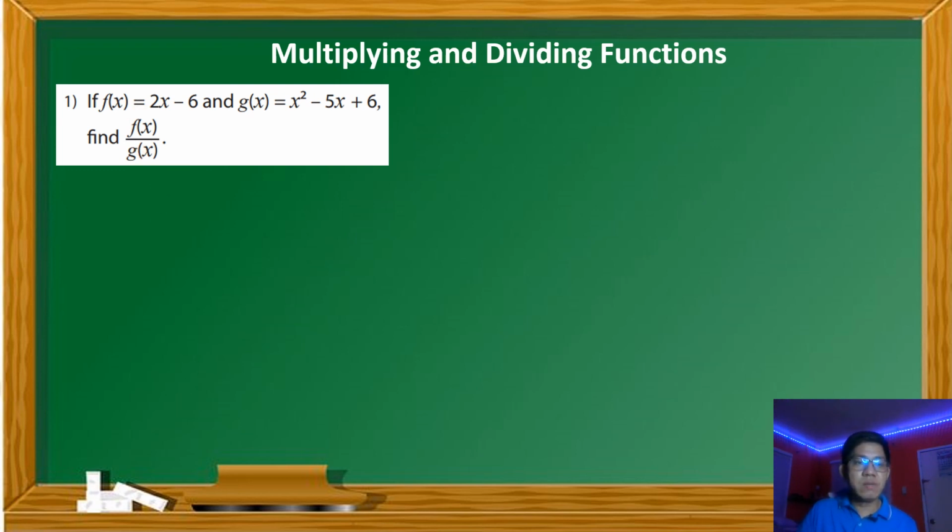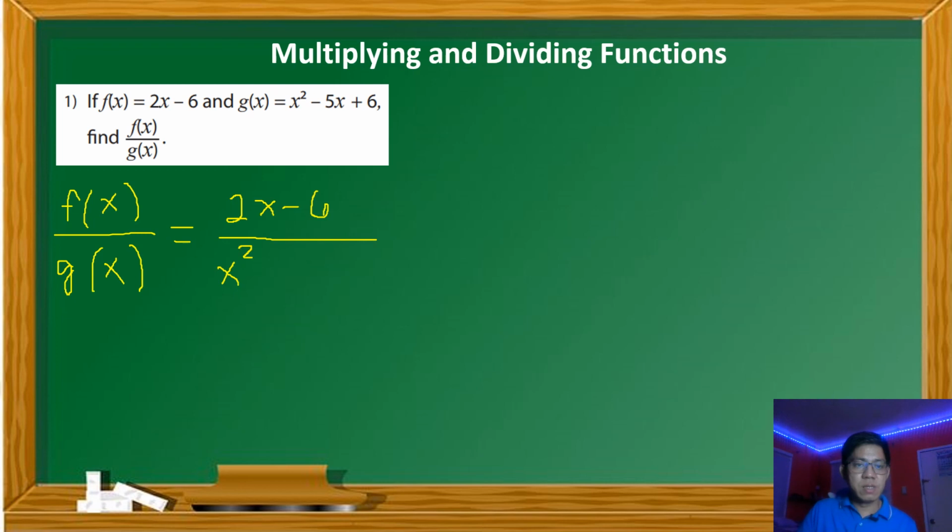So, ang f of x natin is 2x minus 6. Then yung g of x natin is x squared minus 5x plus 6.